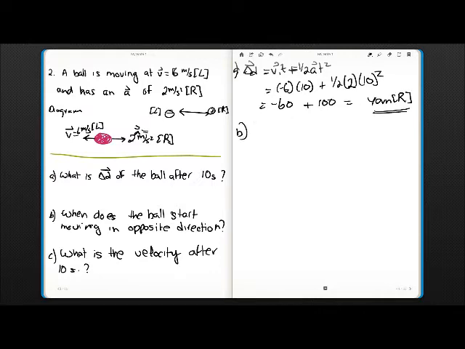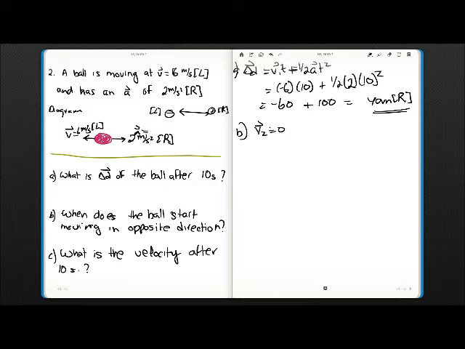For the second question, when does the ball start moving in the opposite direction? The ball starts moving in the opposite direction when the velocity v2 becomes positive, and for it to become positive, it has to pass v2 equals 0 at some point.